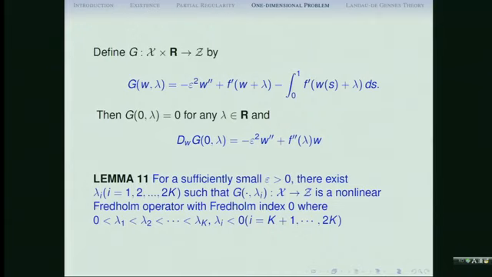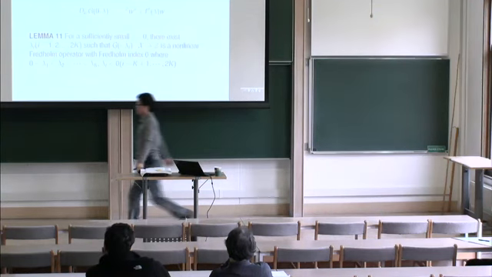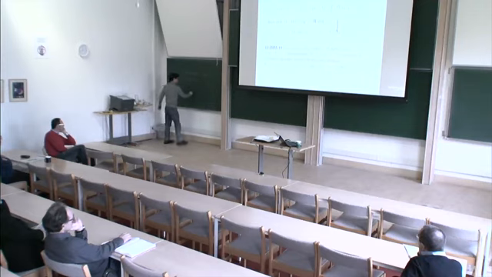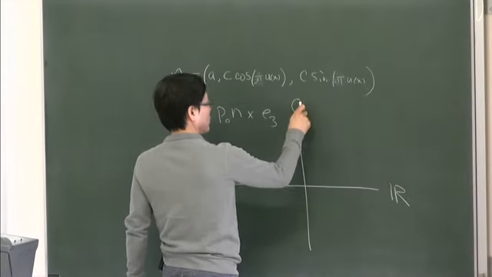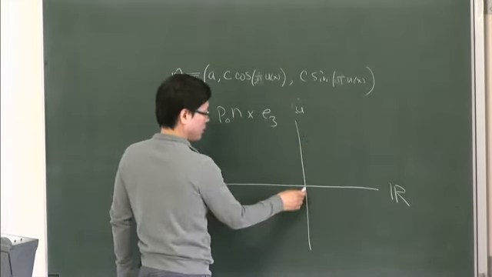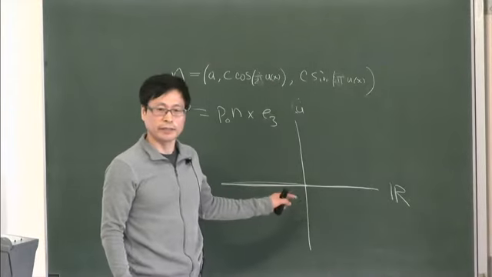So on the real line, every point with u equals 0 here is a solution of my equation.